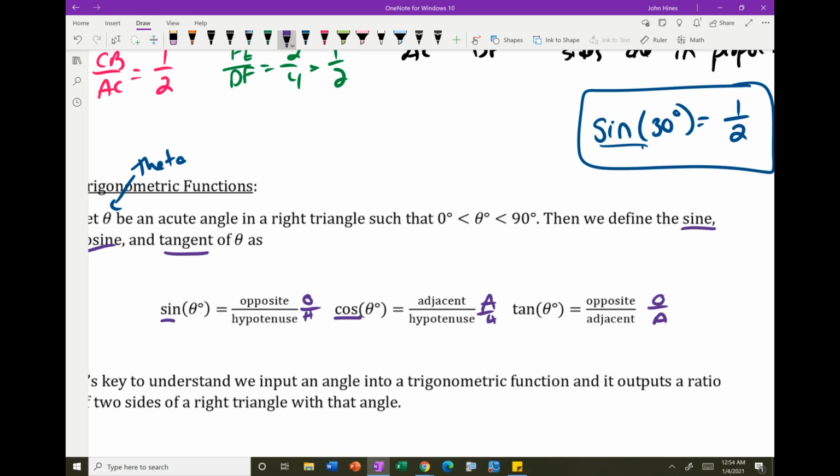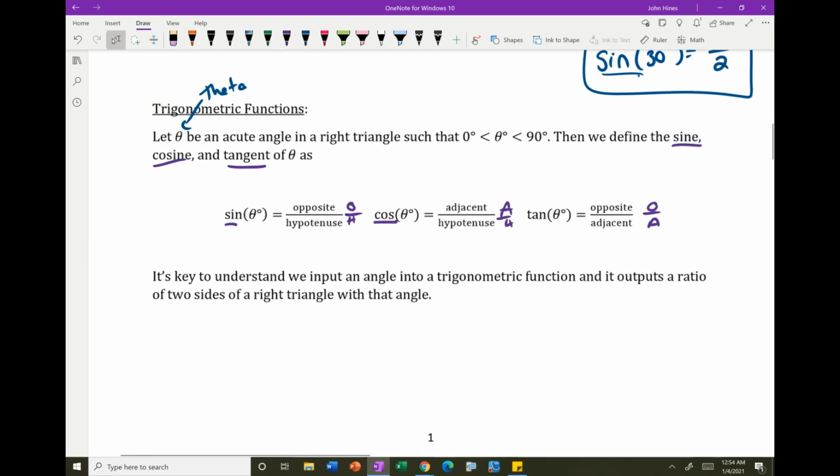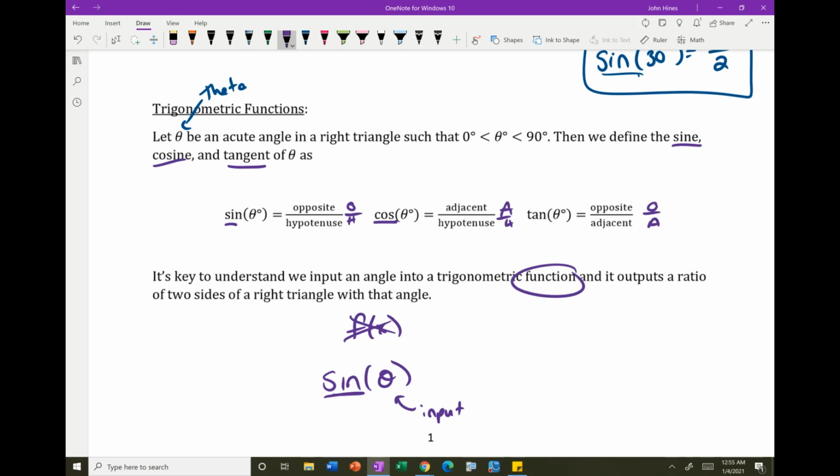So the key idea with these trigonometric functions is that they are functions. Just like I say f of x, I'm going to say sine of theta. I input an angle measure, that's my input. This is the name of the function, I'm using the sine function there. We input an angle, and it outputs a ratio.